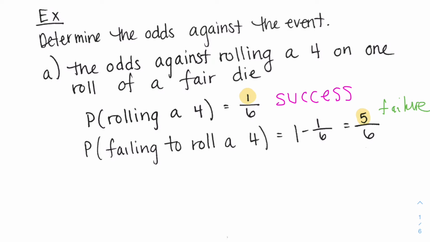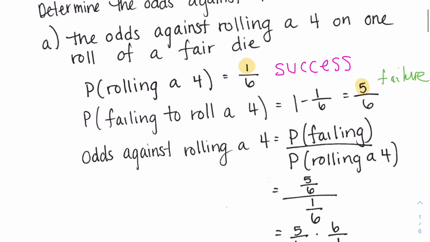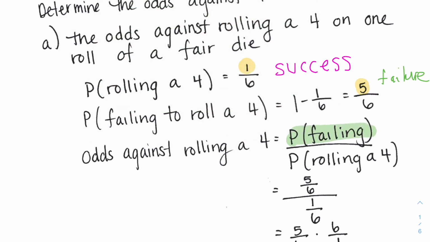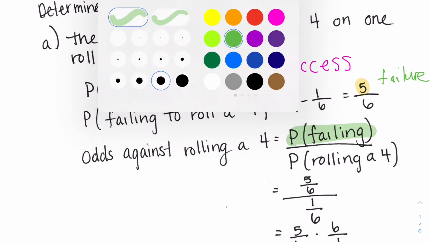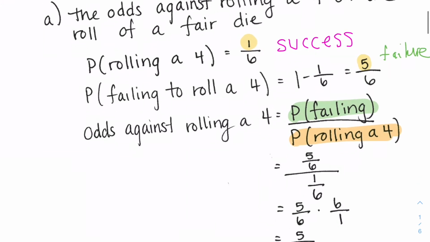Okay. So we just need to take the ratio of this and then we're going to simplify it down. The odds against rolling a 4 are the probability of our failure, which is this one over here, over the probability of our success. The probability of failure is 5 over 6. Probability of success is 1 over 6.